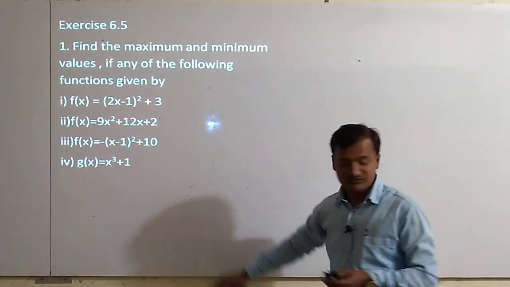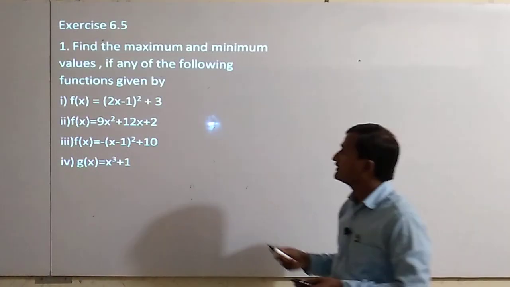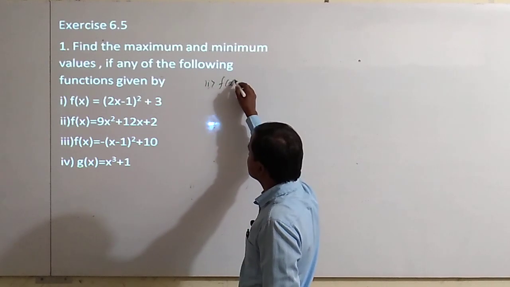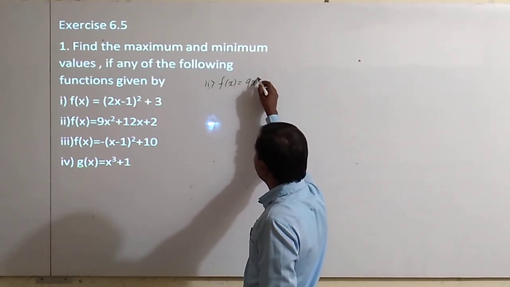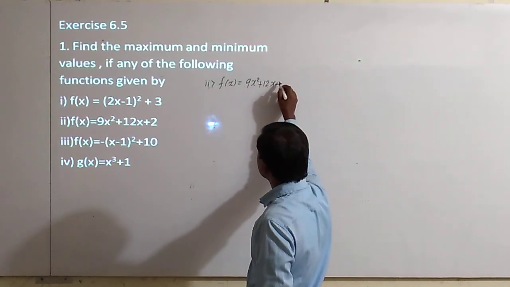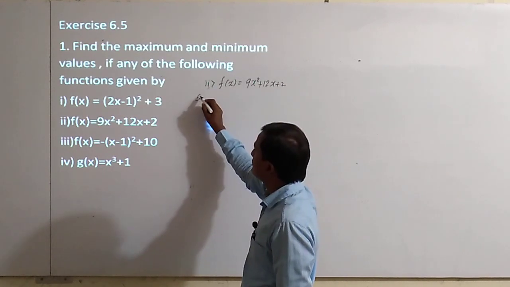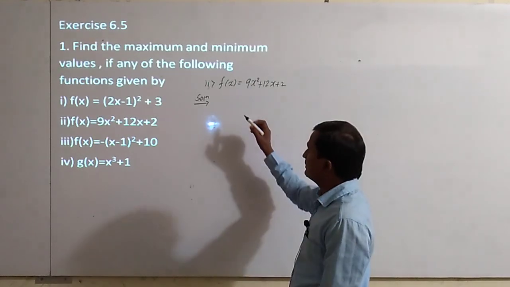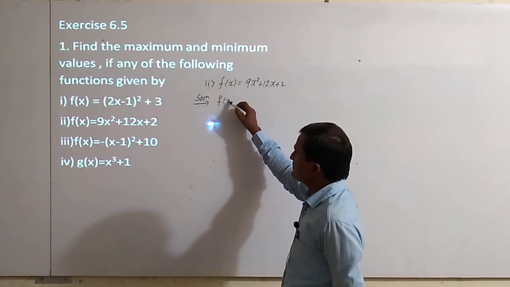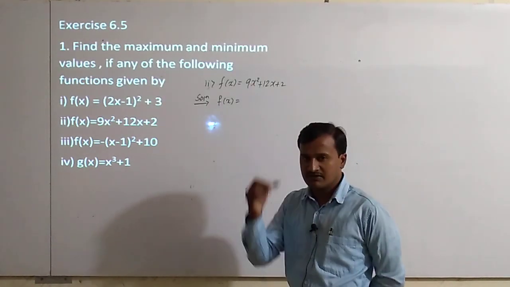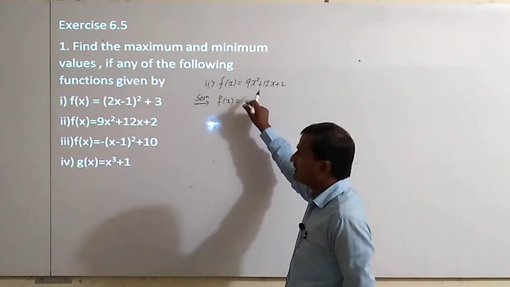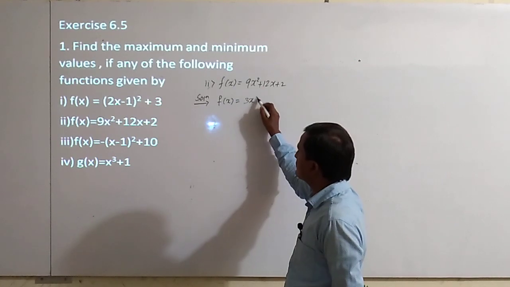Okay, this is the second question. Here the second one is like this: f of x is equal to 9x square plus 12x plus 2, right? So the solution. Okay, right. So I will rearrange this function like this. First I will rearrange the function. So 9x square we will write like this: 3x whole square.